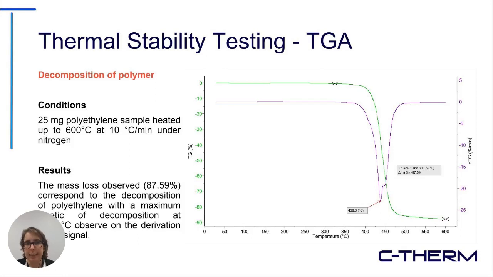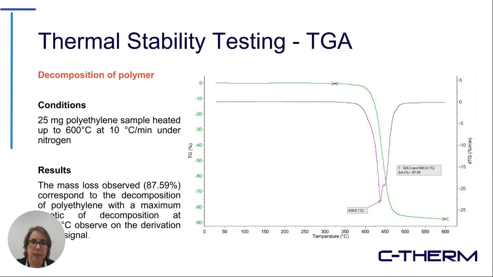And by looking at the DTG signal, you can see that there's at least two distinct steps in this process. And so that's one of the examples of, if you were wondering what happens if my polyethylene material gets heated up to a very high temperature, this is the kind of experiment you would do to answer that question.